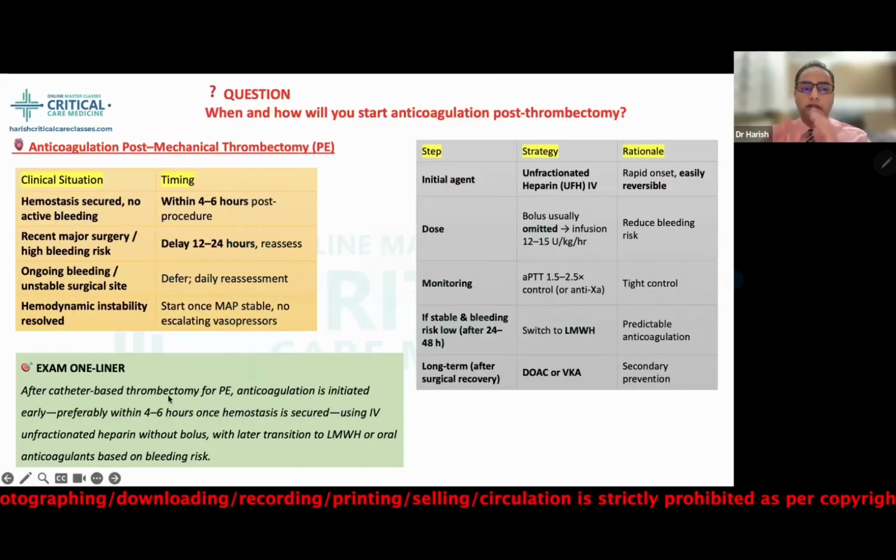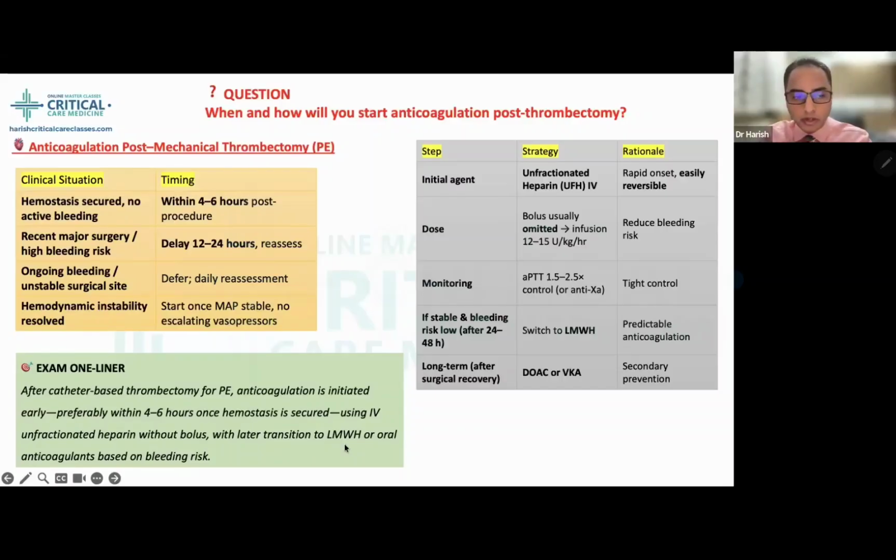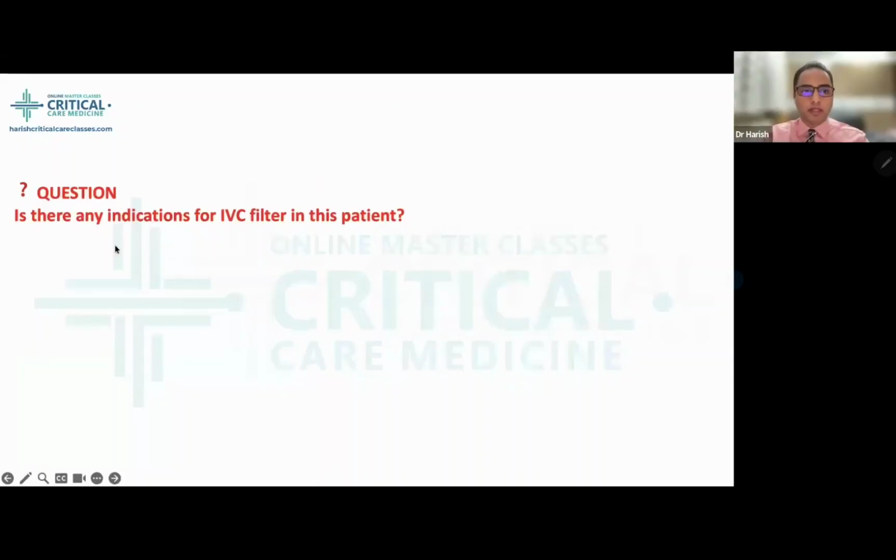So after catheter-based thrombectomy for pulmonary embolism, anticoagulation is initiated early, preferably within 4 to 6 hours once hemostasis is secured, using IV unfractionated heparin without any bolus, with later transition to LMWH or oral anticoagulant based on the bleeding risk.